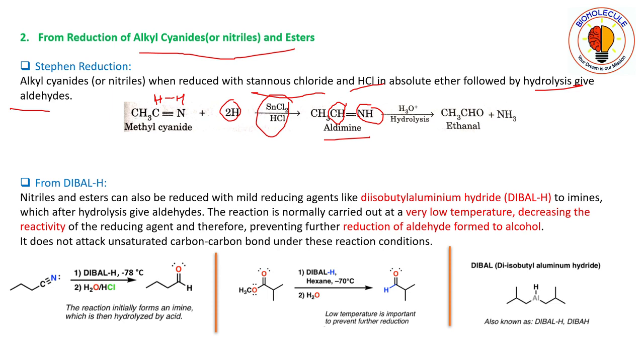You just add one hydrogen because it is reduction. What is reduction? Reduction is the addition of hydrogen. What is oxidation? Oxidation is the removal of hydrogen. So here you are getting aldimine. How is it named aldimine? See here, if you take CH3CHO, this one is aldehyde.